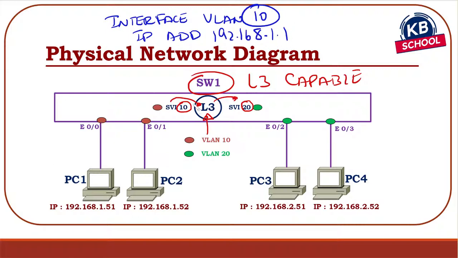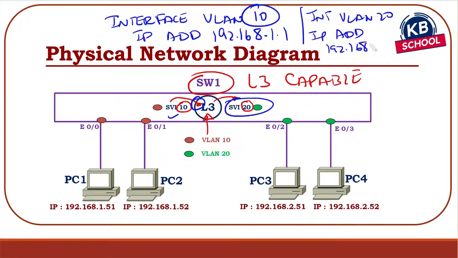So this switch virtual interface, the V is for virtual, is part of VLAN 10. Similarly, on the switch, I would create another SVI for VLAN 20, interface VLAN 20, and assign it an IP address from the 192.168.2 subnet so that it can act as a router port for VLAN 20, and it will route between the two as if it is an internal built-in router.